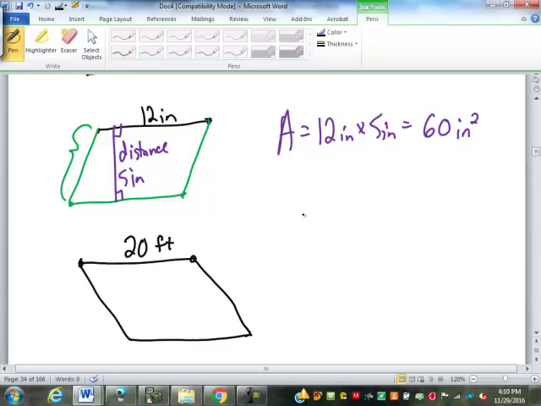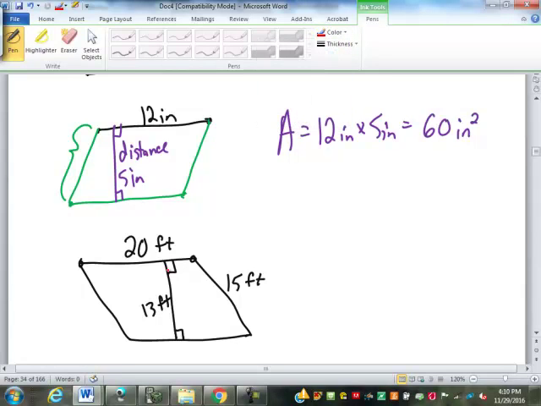So I've got this, it's called a parallelogram. It has a length of 20 feet. Would I do 20 times 15 to find its area? No. Why do I have to use that 13 feet?